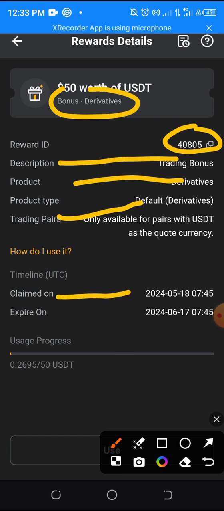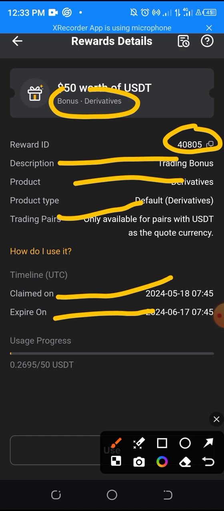I claimed this bonus about a day ago, and it's going to expire on the 17th of June. That means we have about a month to trade this pair. I've made about $3 so far from my bonus.